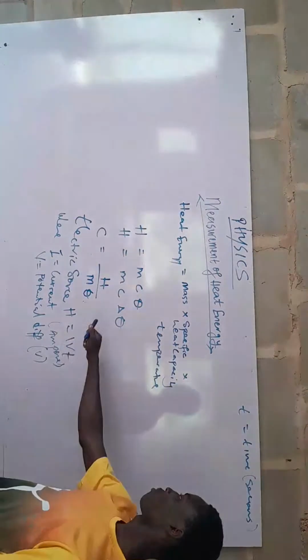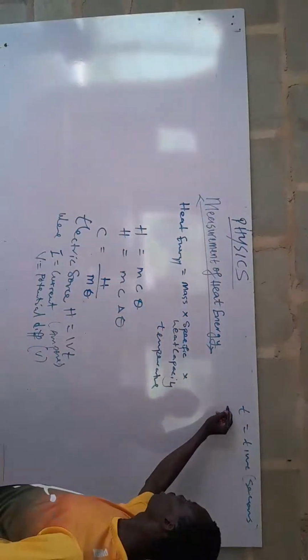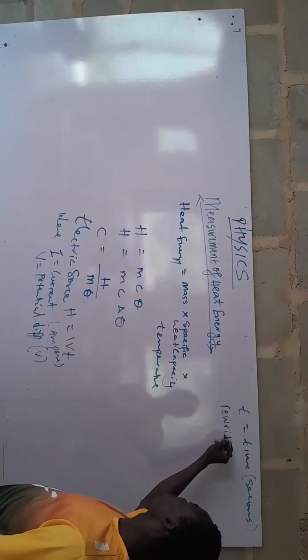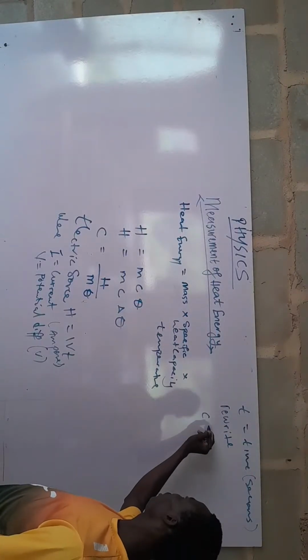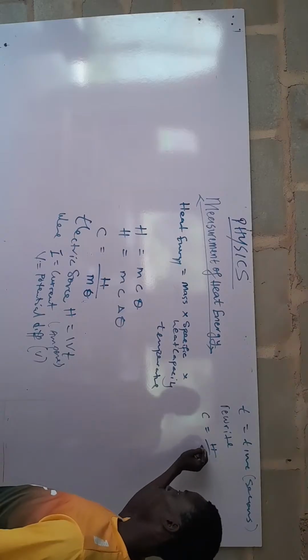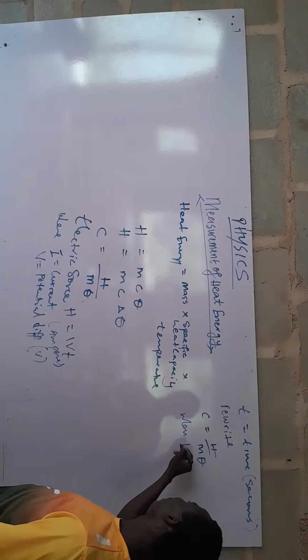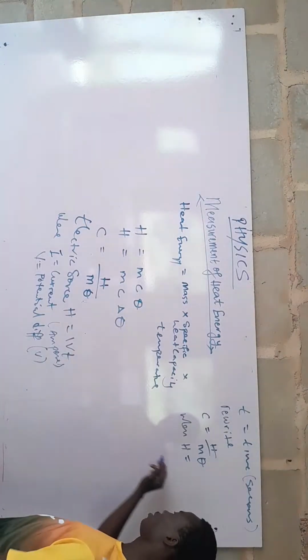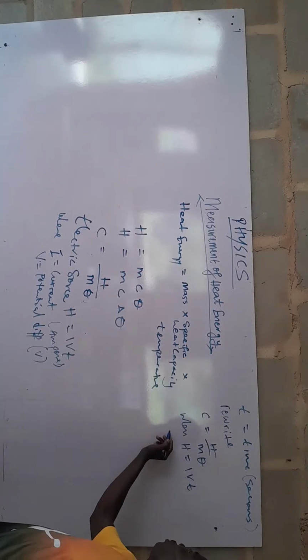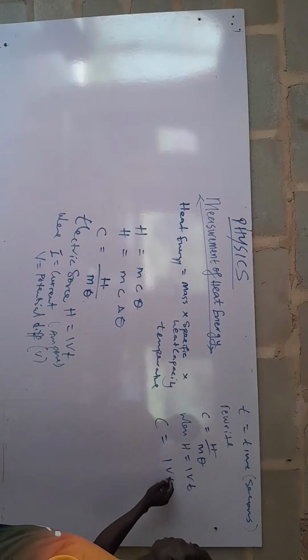So then we write C equals H over m theta, and when H equals IVT, we are going to have C equals IVT over m theta.